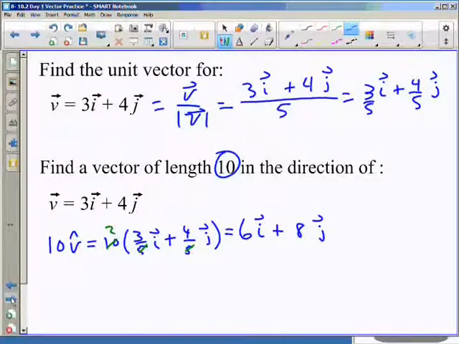Now you might have noticed that 10 is simply double what our magnitude is. So if you wanted to take a shortcut, you could have just doubled the 3 and the 4 and gotten the same answer, but that will typically not be the case.